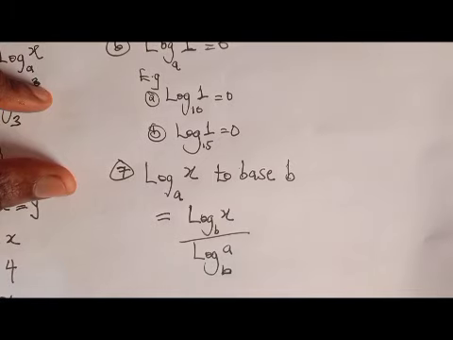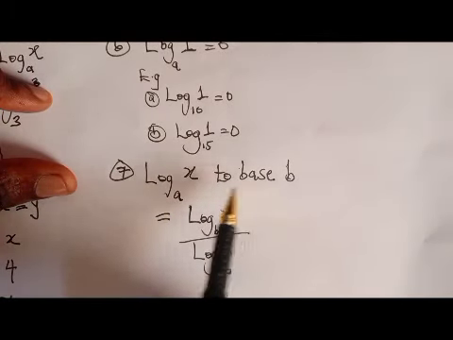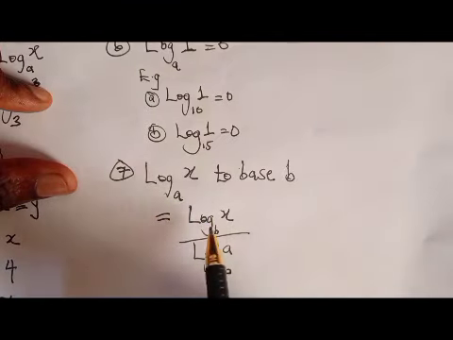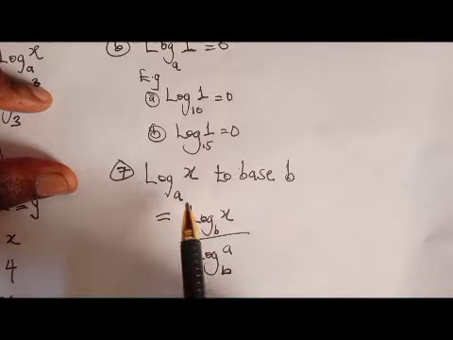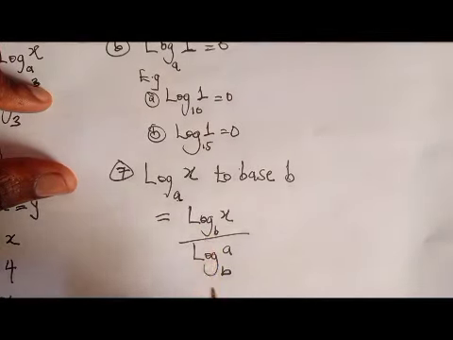I believe this is very clear. When you want to change the base of a particular log, all you need to do is divide the log of both the particular number and the base, and then you're introducing the new base into the two of them.